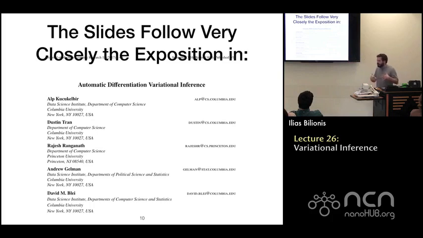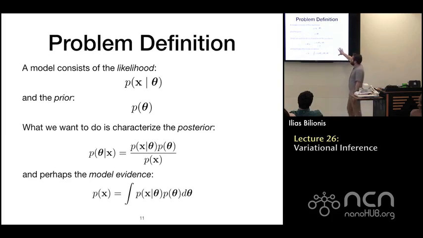But if you really want to look into the details, you should look at this paper and the references therein. Okay, because the paper is probably not enough. But you will get the basic idea. So I remind you that this is our problem. We want to characterize the posterior distribution in a fast way, and we want to come up with an algorithm that does that automatically.